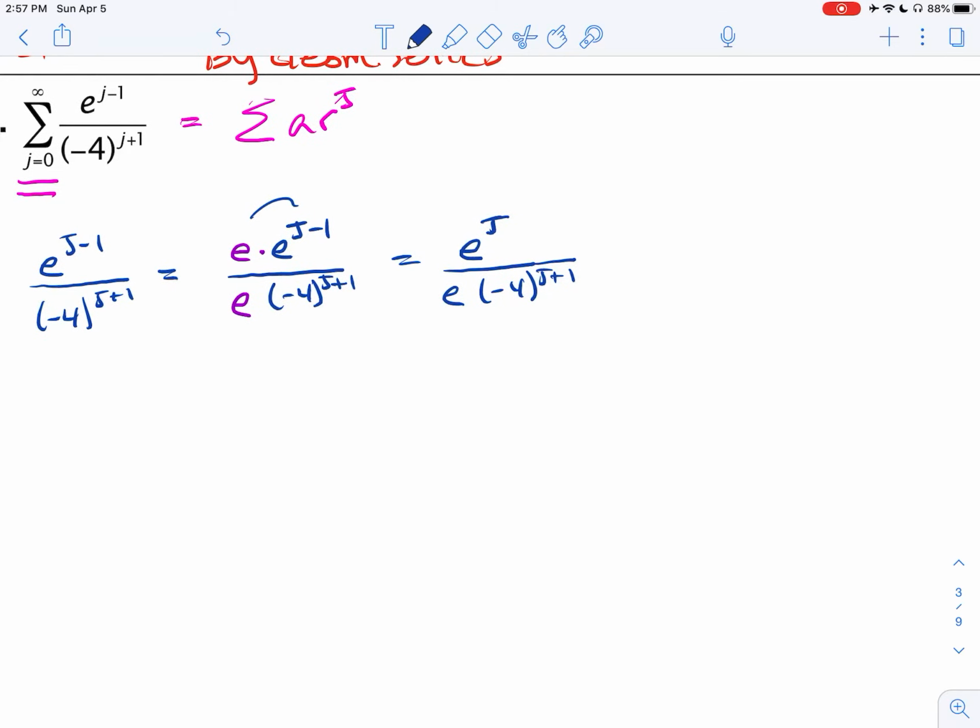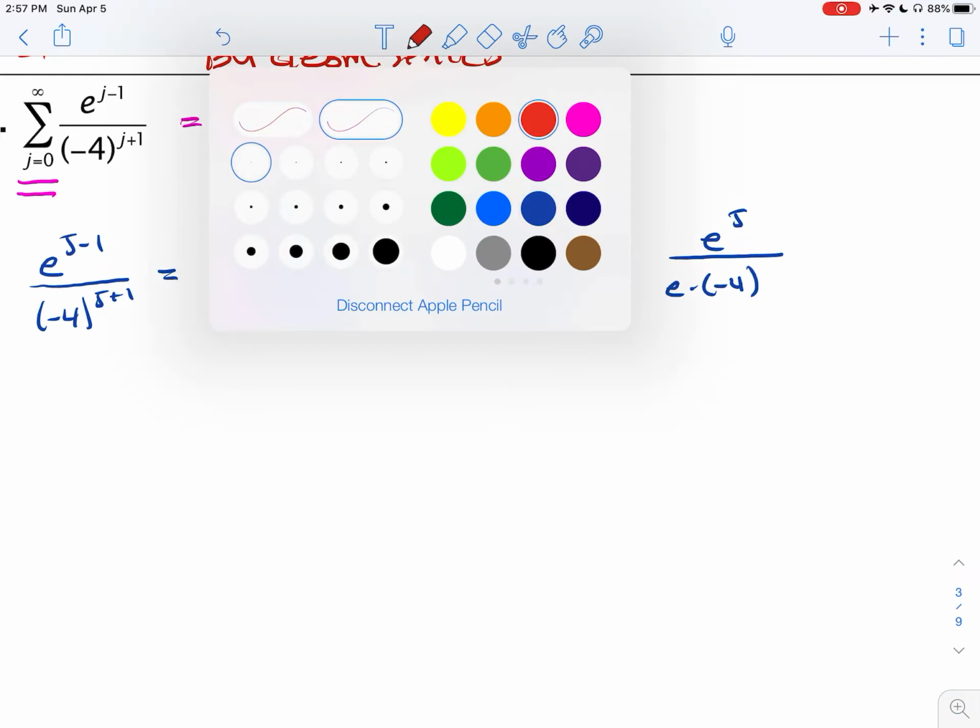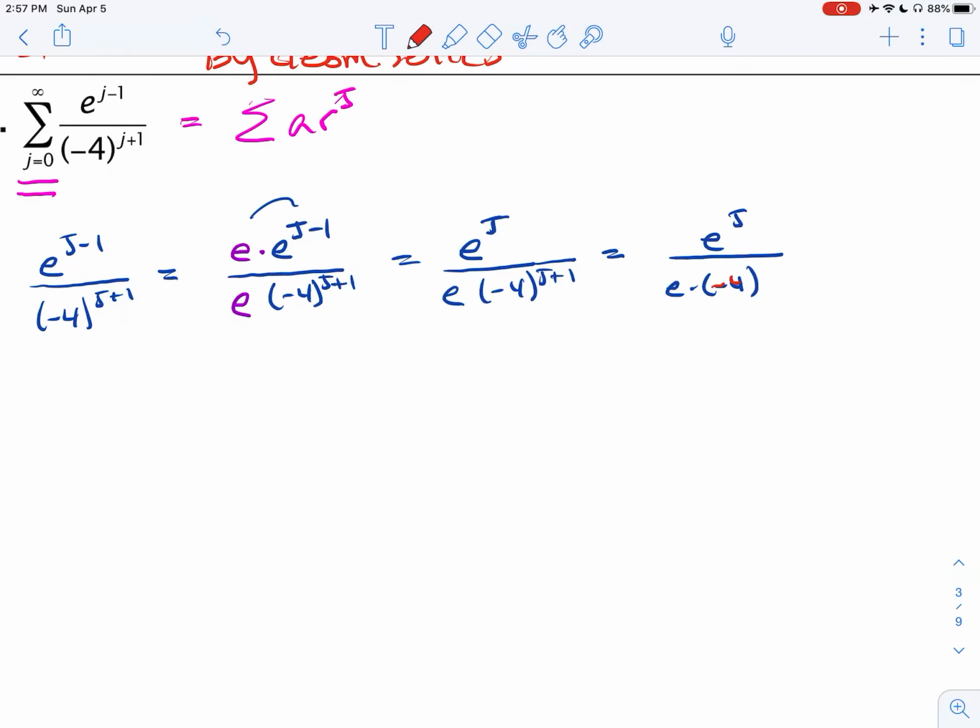So I'm going to say that this is equal to e to the j over e times minus 4. And maybe I'll make that into a different color because that's my 1. And then I still have that this is equal to minus 4 to the j, right? So that's equivalent.